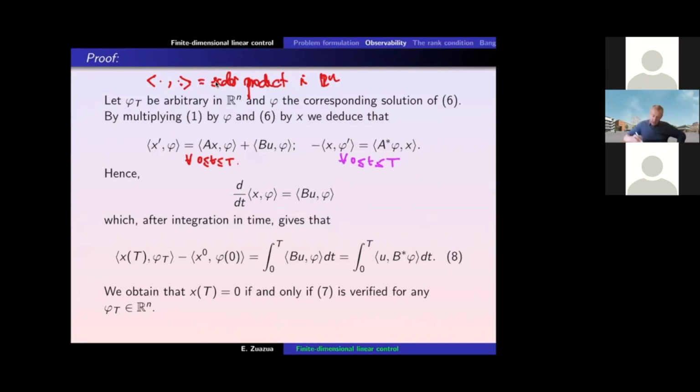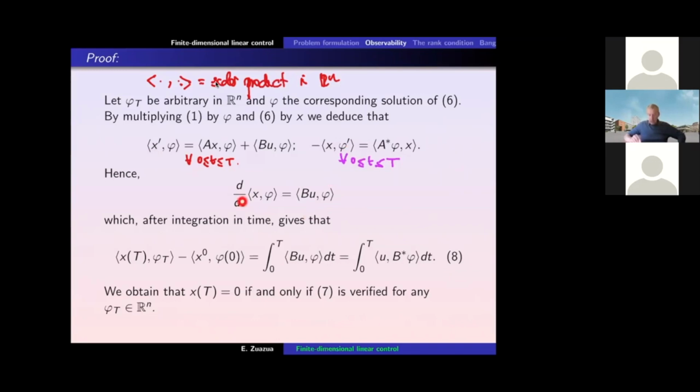So you see that thanks to this duality game between A and A star, and the equation fulfilled by the state x and the adjoint state equation fulfilled by the adjoint phi, the equation reads simply like this.